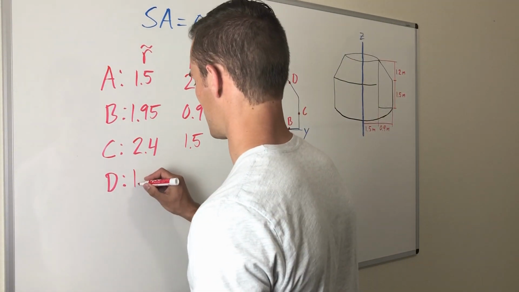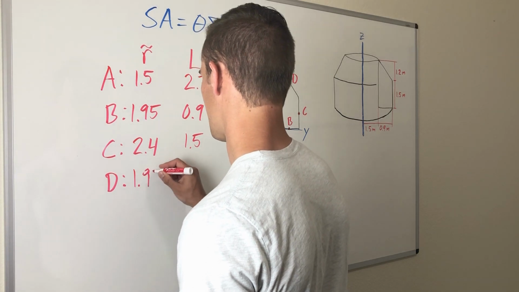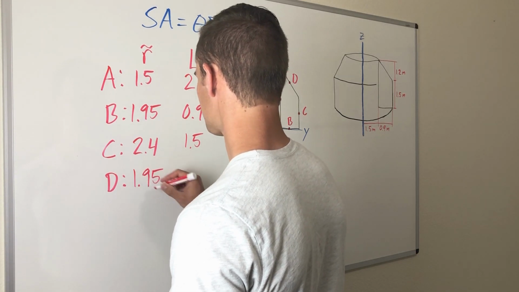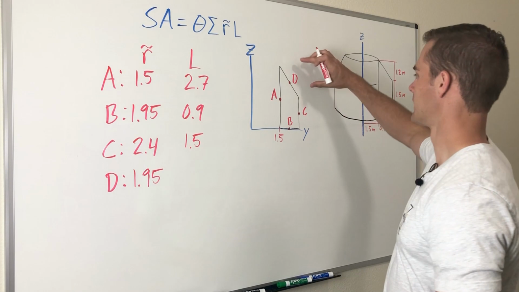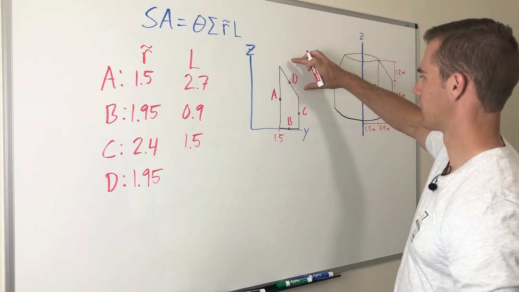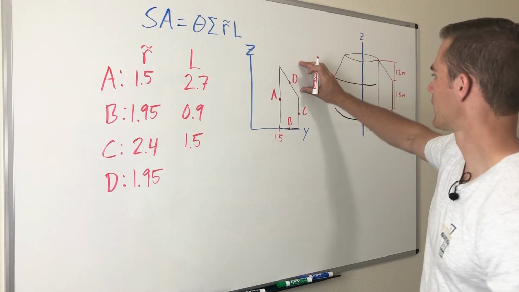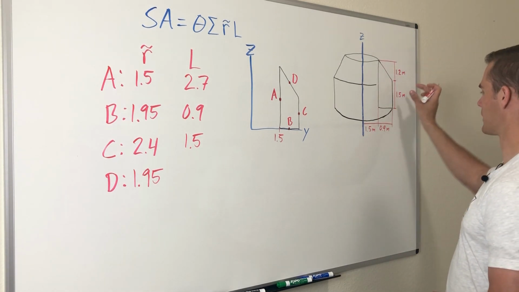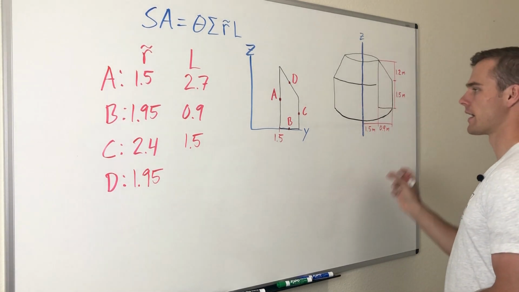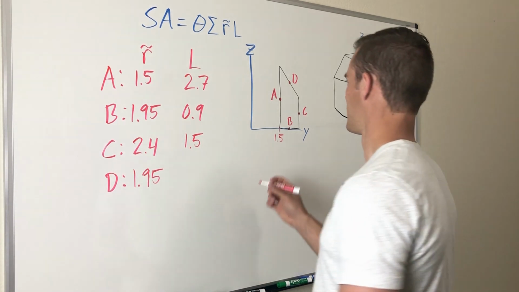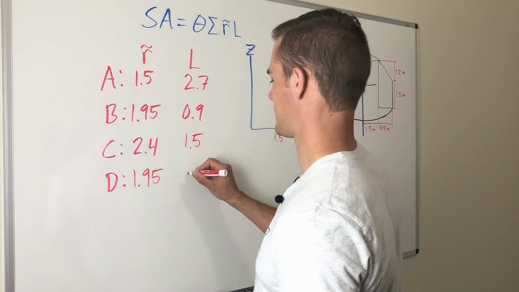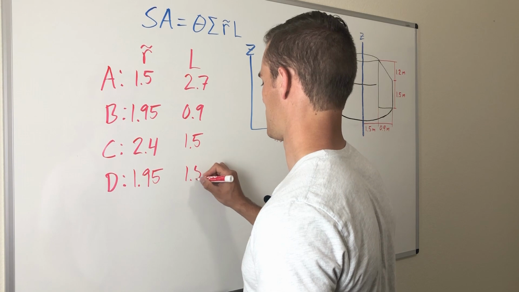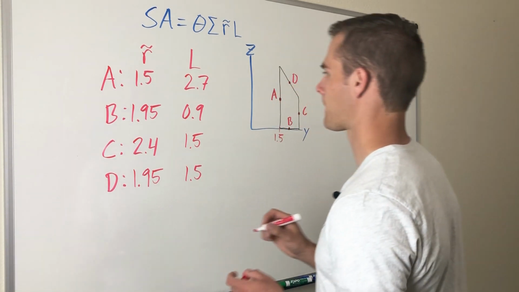So it is also going to be 1.95. And then its length you can find through the Pythagorean theorem. We have the length of this side of the triangle, which is 1.2, and this side is 0.9. Using that, we find that its length is also just 1.5.